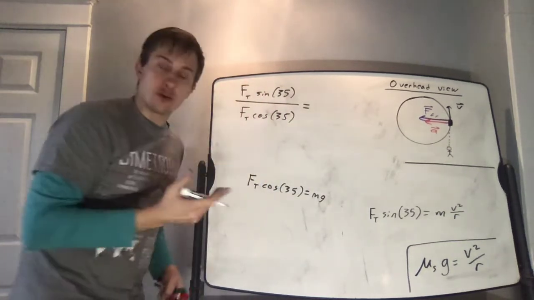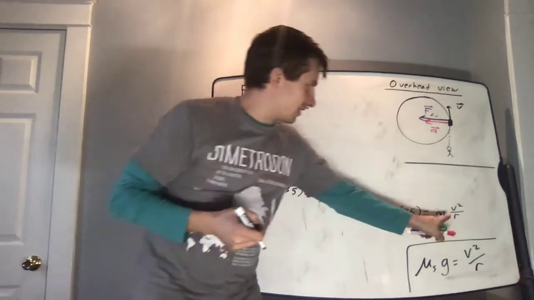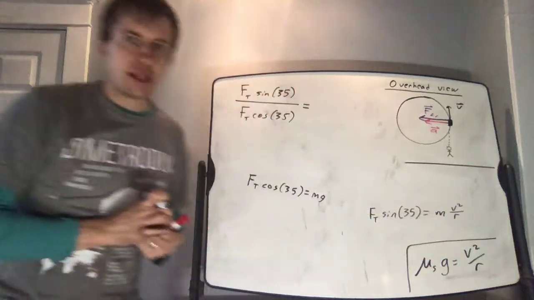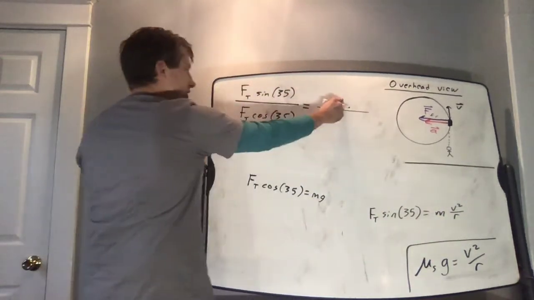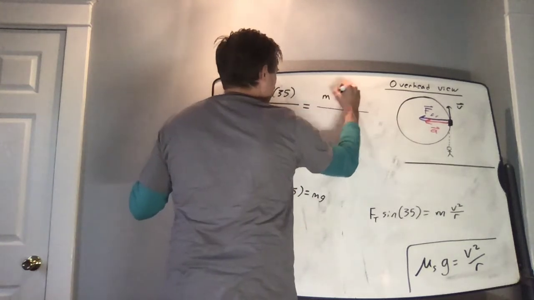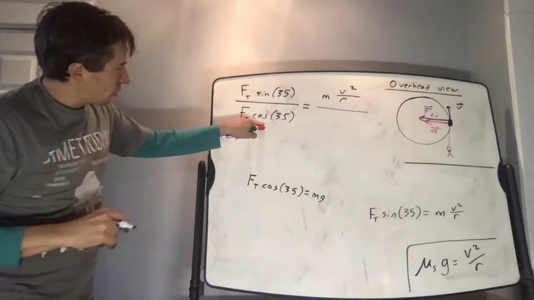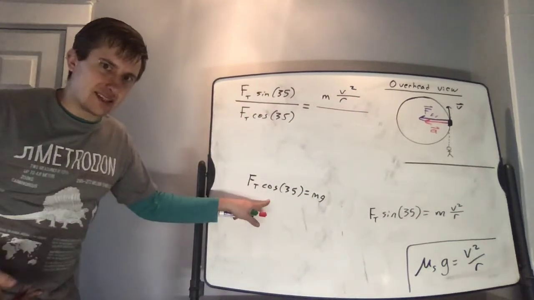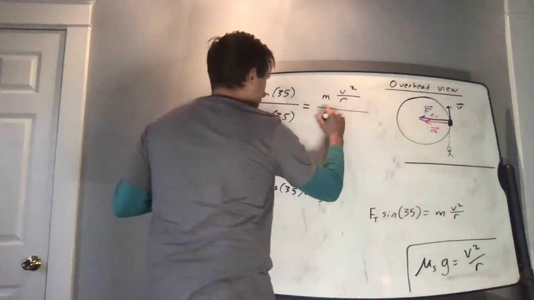What is this term going to be equal to? Well, F tension sine 35 is equal to this, so I could write the upstairs of the right-hand side as m v squared over r. And F tension cosine 35 is equal to this, so the downstairs is equal to mg.